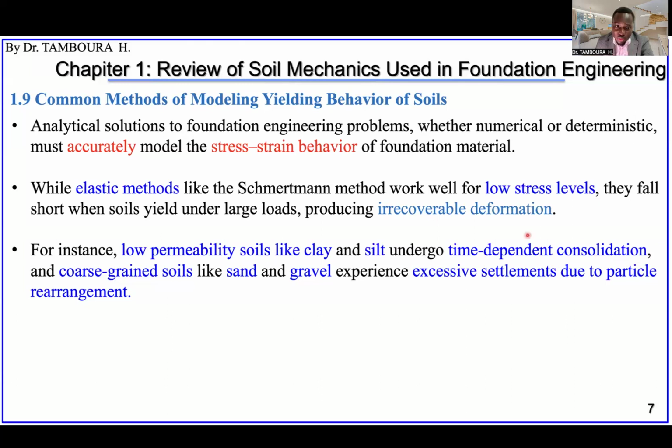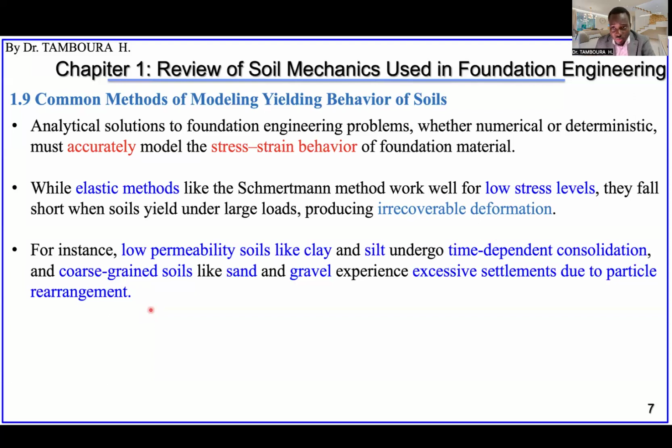However, if we take, for example, coarse grained soil like sand or gravel, we have excessive settlement due to soil particle rearrangement, like a secondary consolidation.